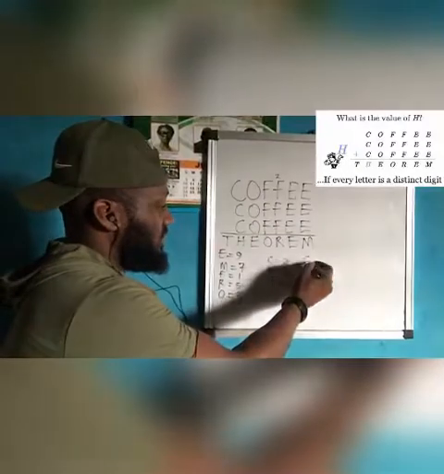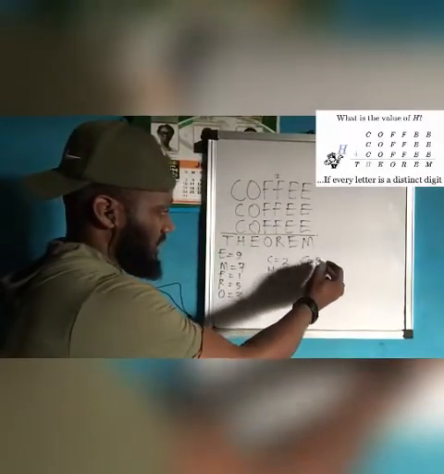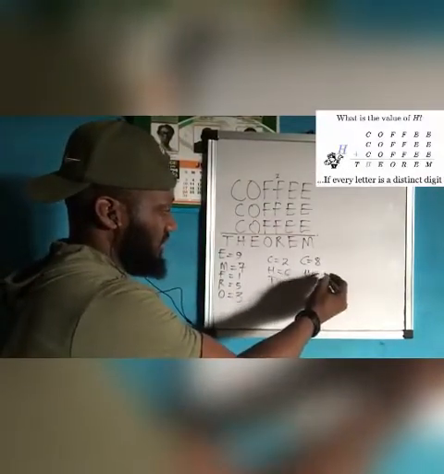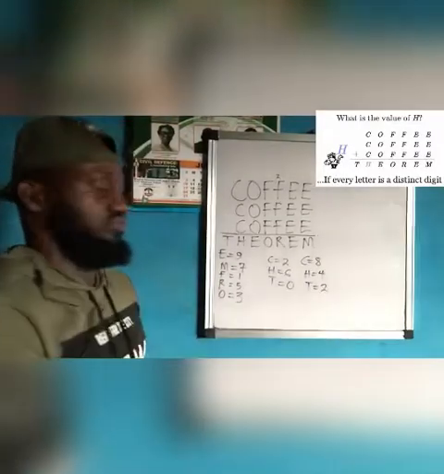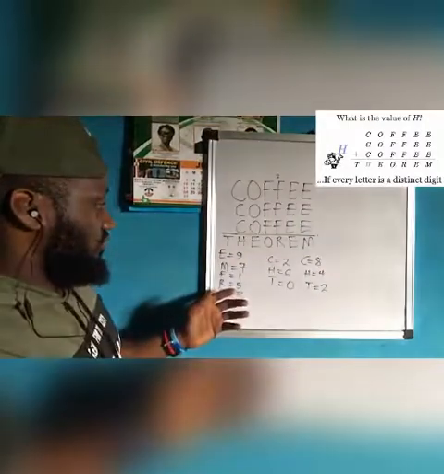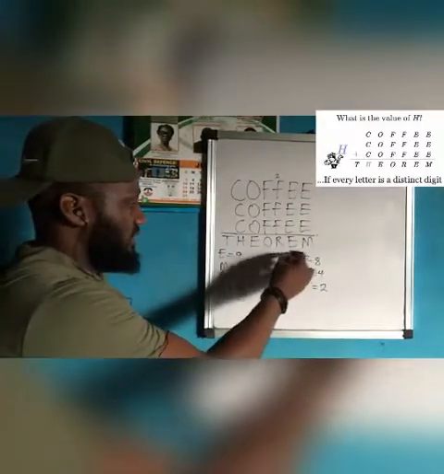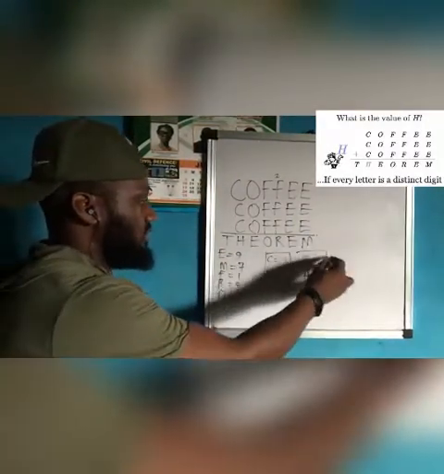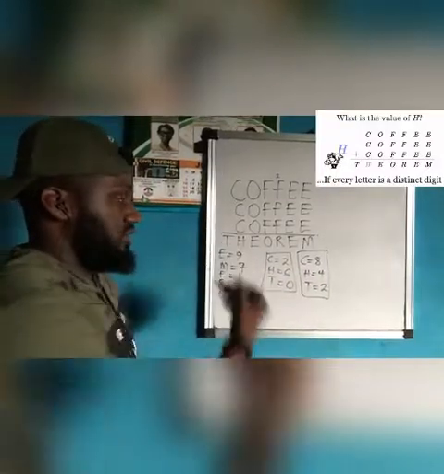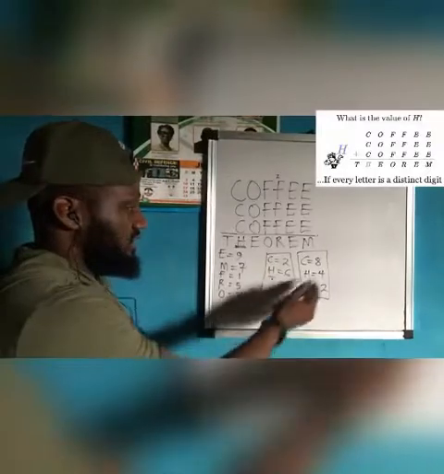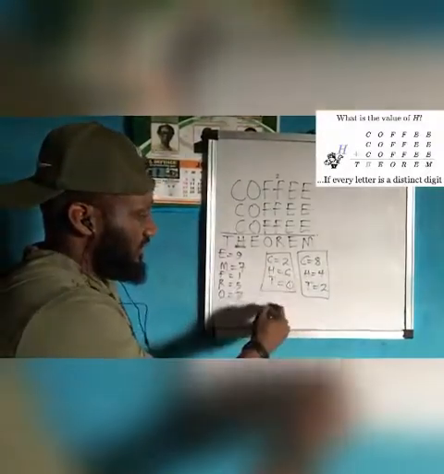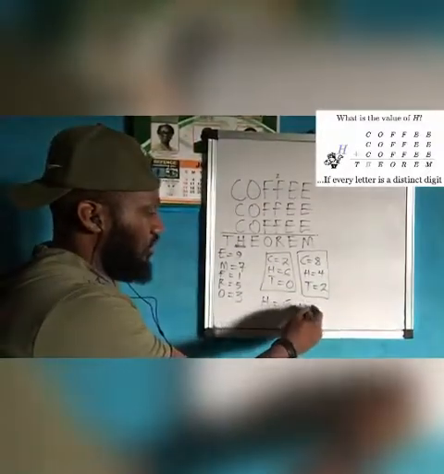So C can be 8, then H will be 4, then T will be 2. So either this or this, we'll go with this, and that's the result. So H is either 6 or 4.